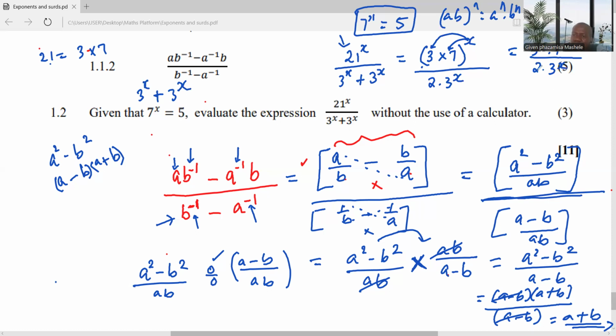You see that since we have multiplication in between, we're allowed to divide terms that are the same at the numerator and denominator. So 3 to the exponent of x will divide 3 to the exponent of x. So what are we going to remain with? At the numerator, we remain with 7 to the power of x, and the denominator 2. But already they told us that 7 to the power of x is 5. So the numerical value is 5 over 2.